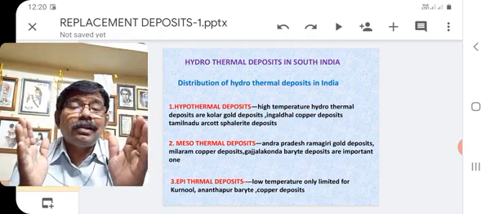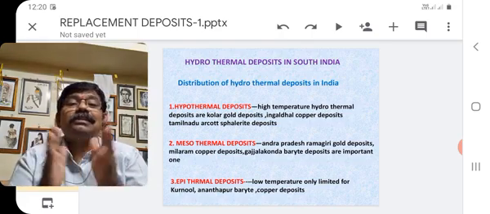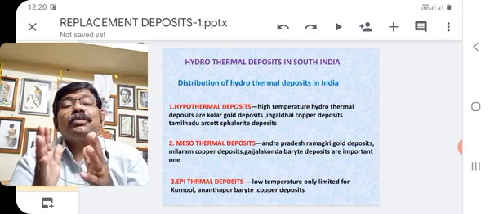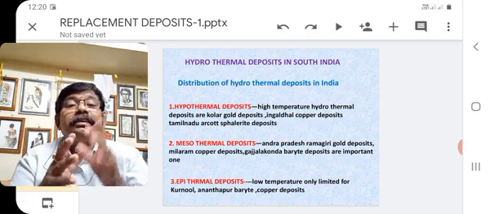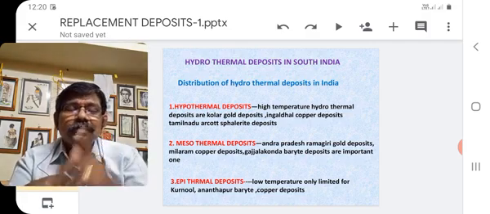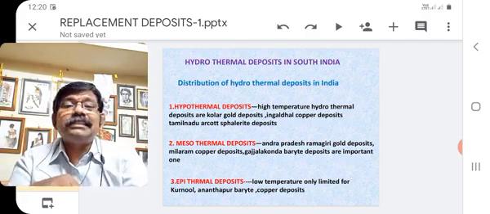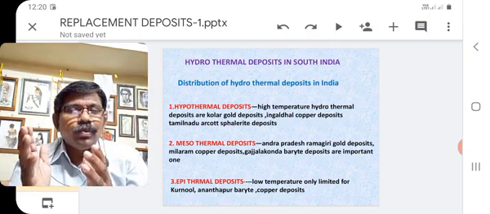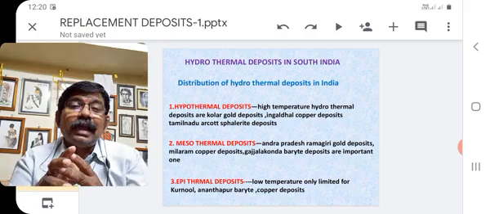Here what the author wants to say is that in South India, the hypothermal deposits have various specifications, because we know that for India the gold is centralized in the KGF, Kolar gold field. But now the gold is being extracted from Hatti.